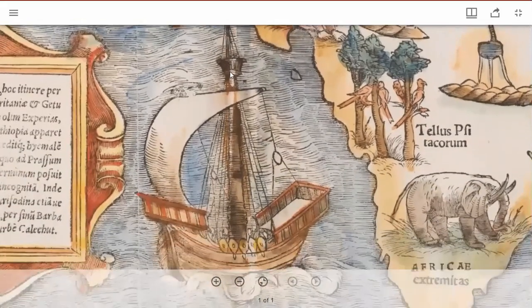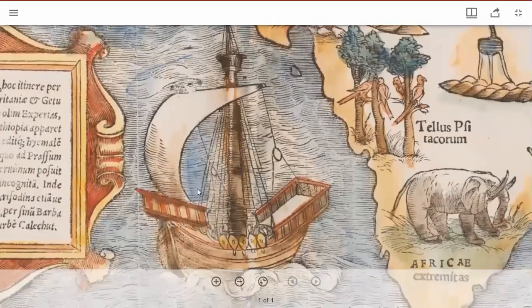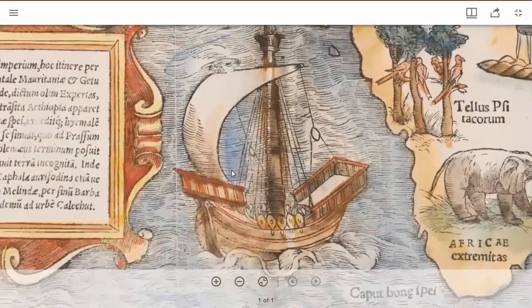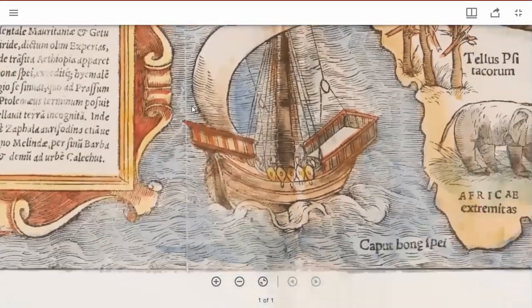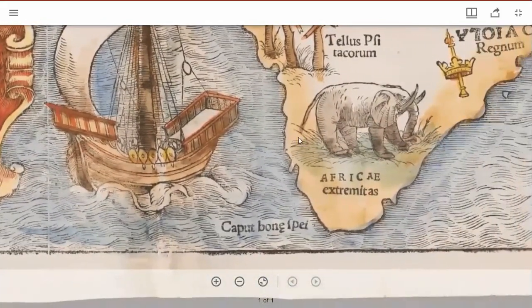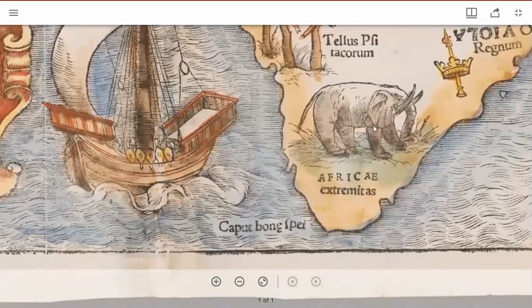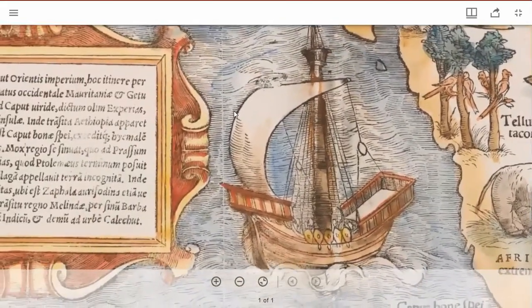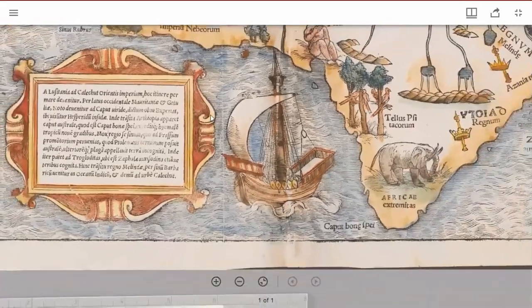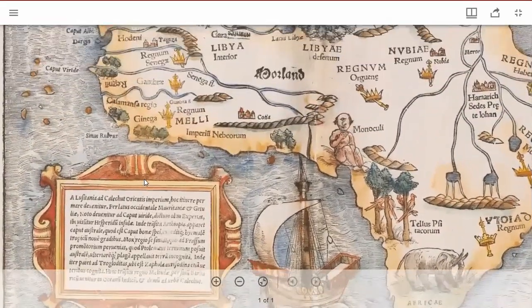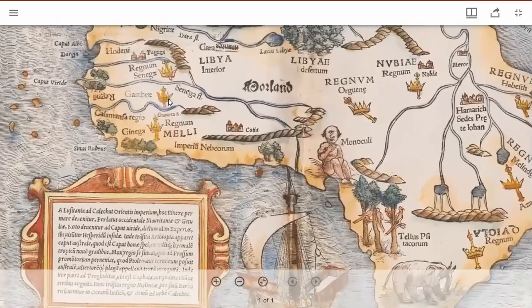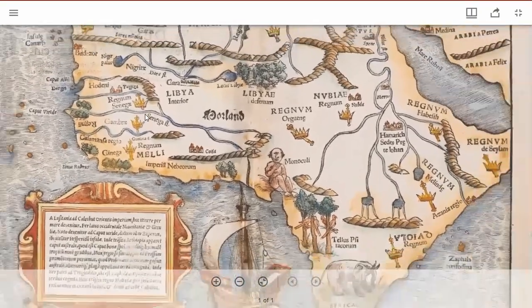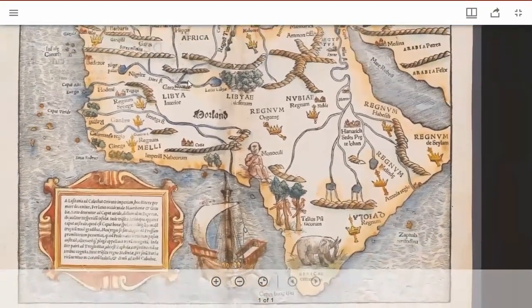It actually includes a very interesting representation of a Portuguese ship prior to the arrival of the Dutch, and an early representation of an elephant. In any case, you can see that this early map was more fanciful than anything else, but once again, there's very interesting details on it.